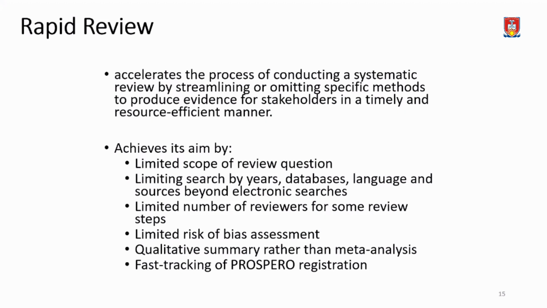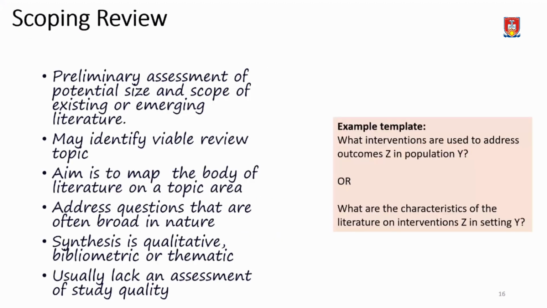The aim is to have a limited scope of review question and do things quicker. And then there's a Prospero fast-tracking process, we'll understand Prospero as we go on, for registering rapid reviews.